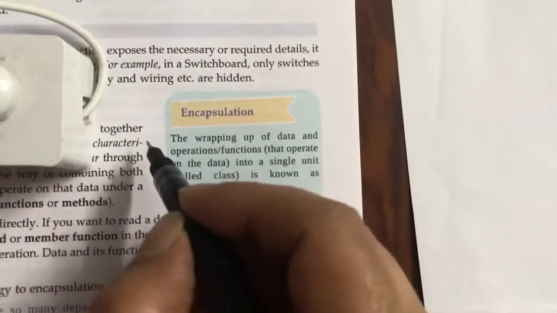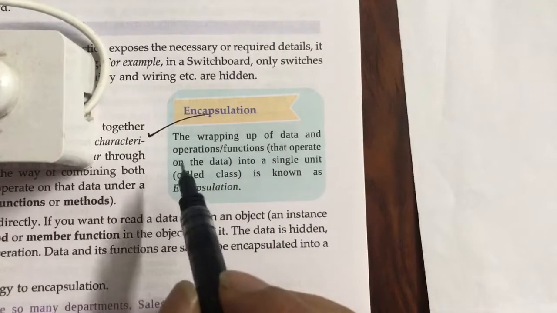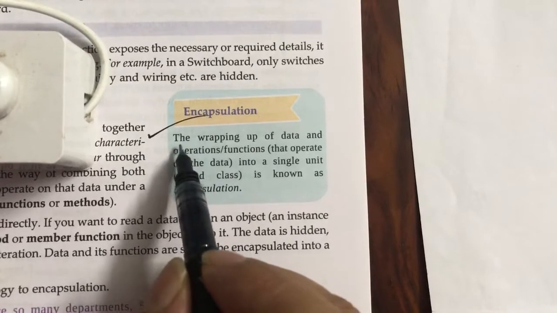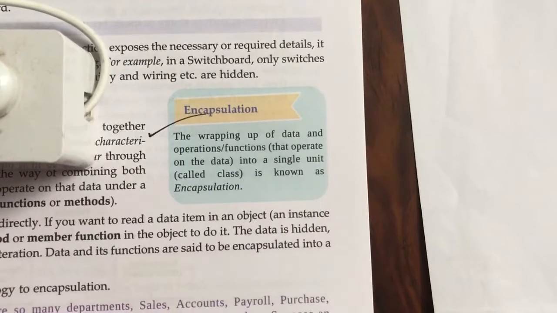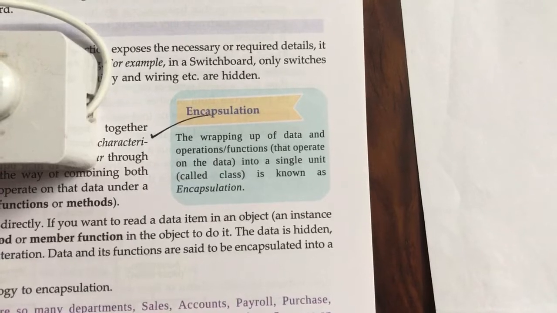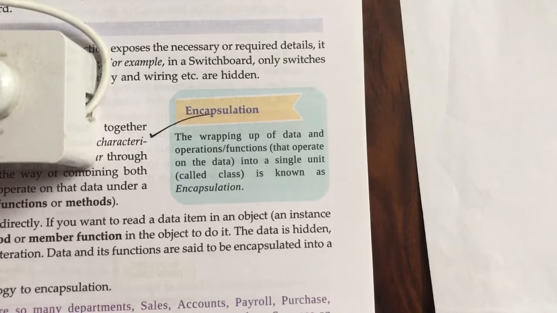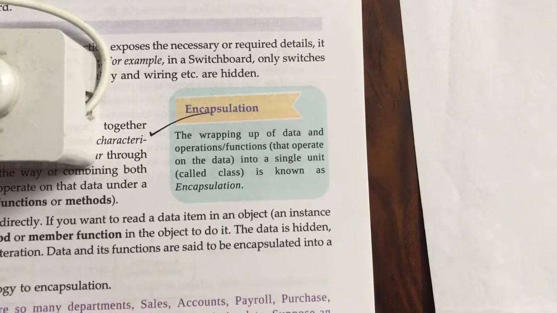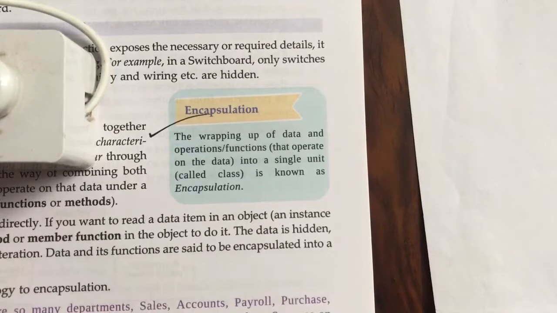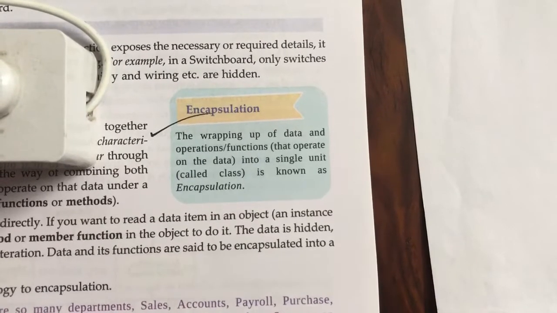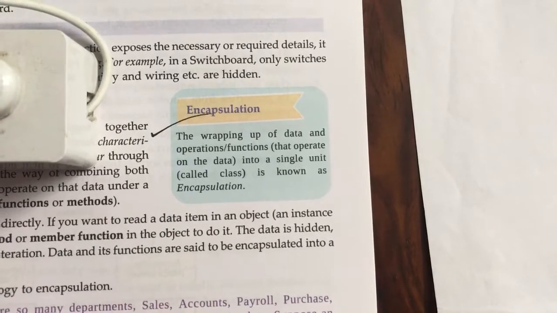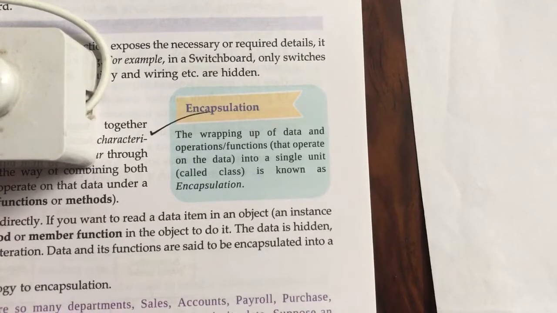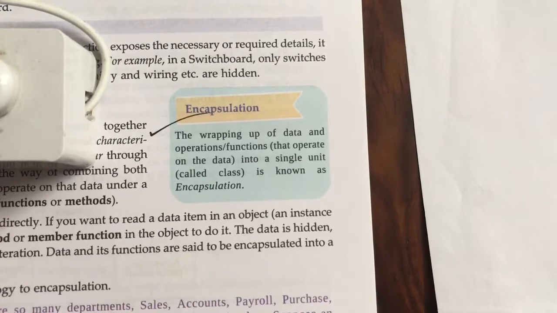Now next we come to encapsulation, and we have done this encapsulation. It is the wrapping of the data and operations together into a single unit. Now suppose I say Maruti car, that car. Now that car is an encapsulation. Why? Because it has the structure, it has the features, the width, height, everything, and it also has the functions: speeding up, accelerating, braking, halting.